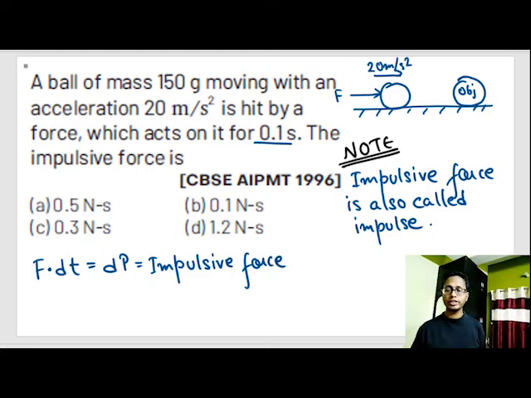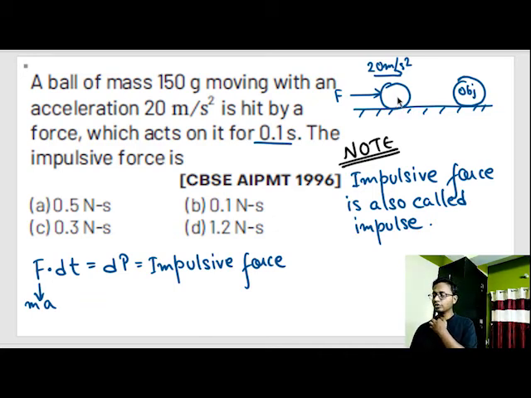Or short-term force. Now from Newton's second law, we know that force is equal to mass into acceleration. The force exerted by this ball on this object is equal to the force received by this ball, because the ball cannot generate a force on its own. The ball is a dead object, non-living, and without an engine.